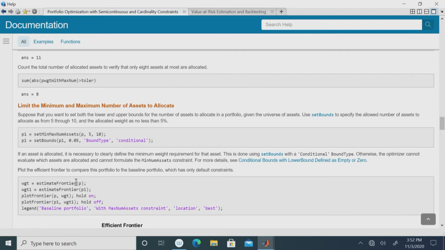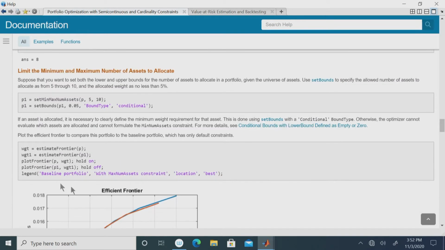So, I estimate the efficient frontier for P, which is without any additional constraint, and P1, which is with the min and max constraints as well as the weight constraints, and I will designate the weights corresponding to each of those efficient frontiers as WGT and WGT1, and then I will plot those efficient frontiers.